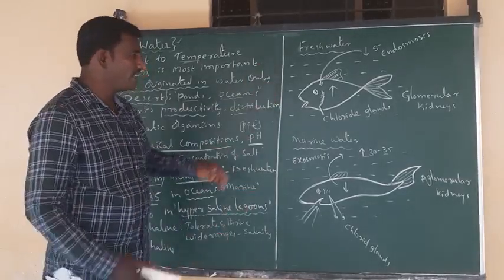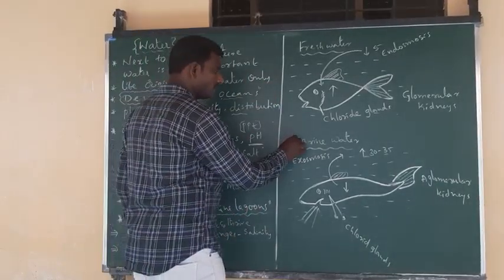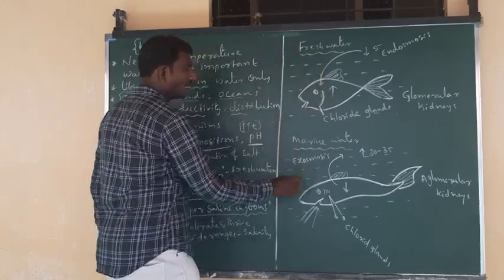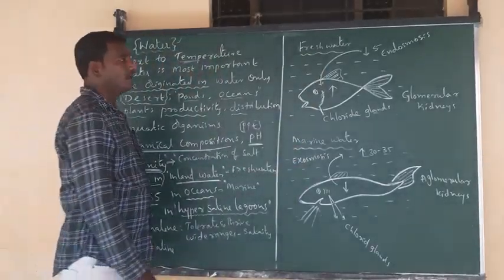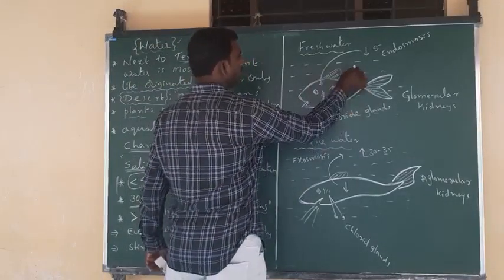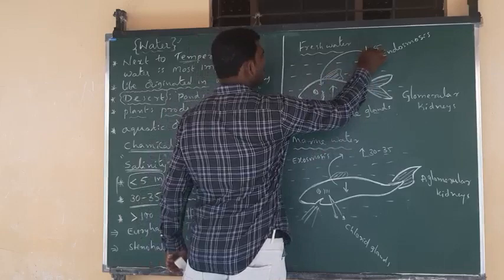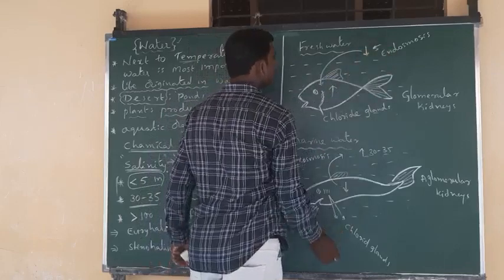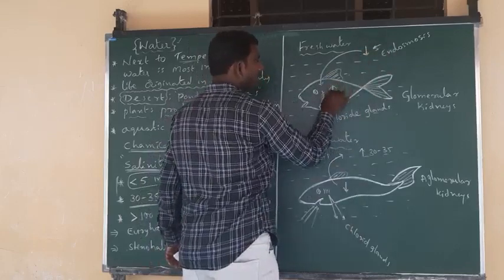Here, some differences are given between freshwater and marine water organisms. See here, for freshwater fishes, the salt concentration of the surrounding water is less than 5 compared to their body fluids.